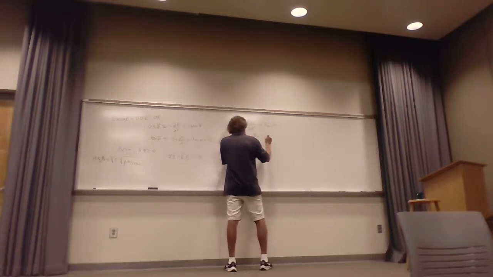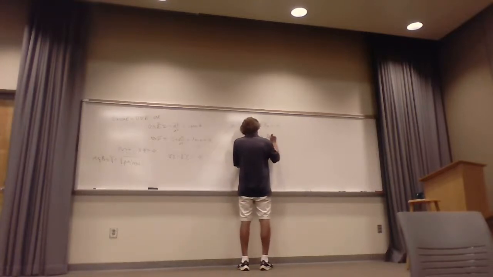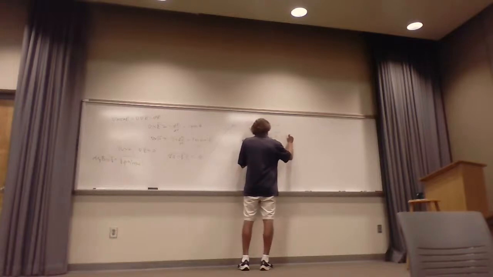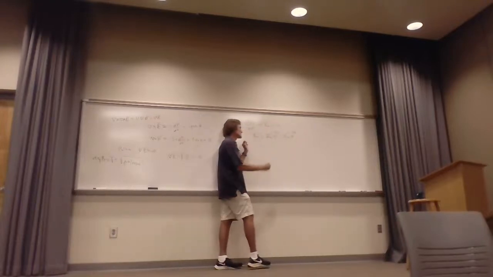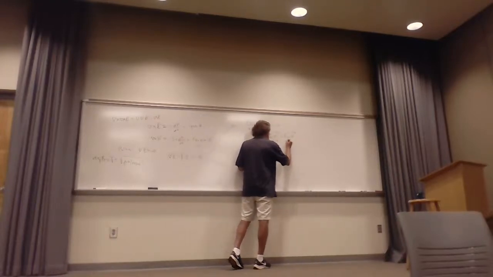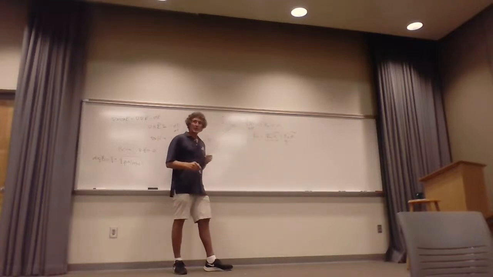E_x, lo and behold, had E_x0 plus e to the minus gamma Z plus E_x0 minus e to the gamma Z. And this is a right going wave, and this is a left going or reverse traveling wave. Do you all remember that?